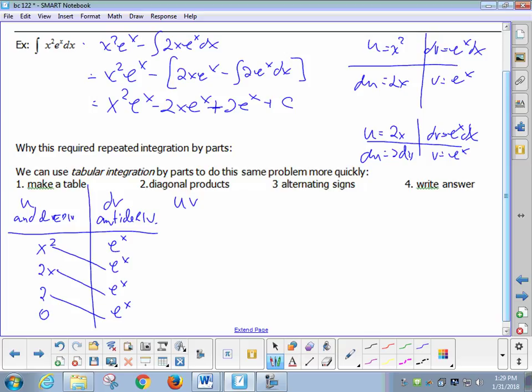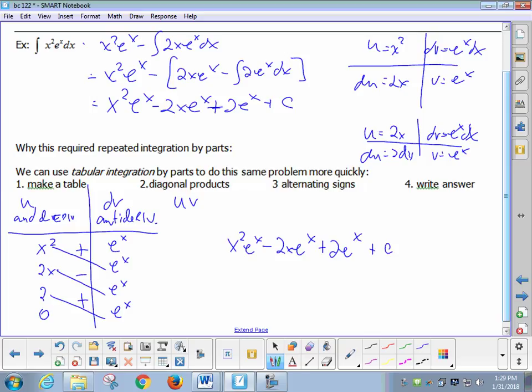Definitely the first one is positive uv, so it's positive. But the first time we do integration by parts, it's minus what's next, and so the next one will be minus. But the third one is minus minus, or two negatives, and it is positive. So you have alternating signs, and your answer is x squared e to the x minus 2x e to the x plus 2e to the x.